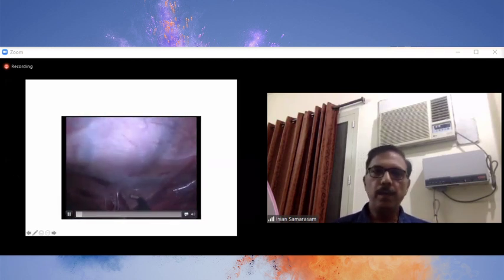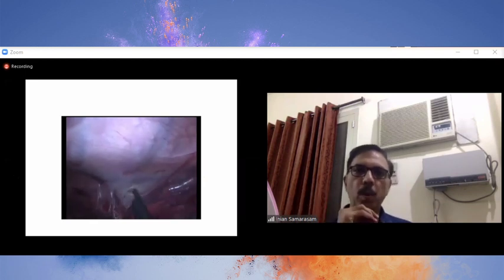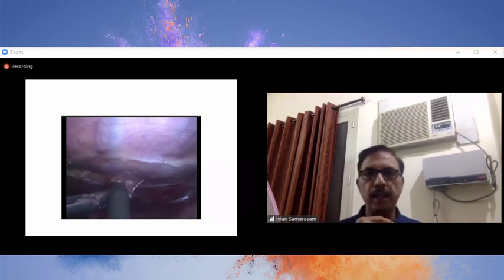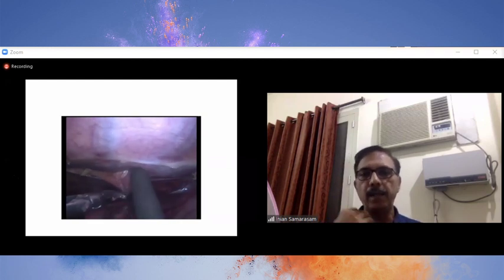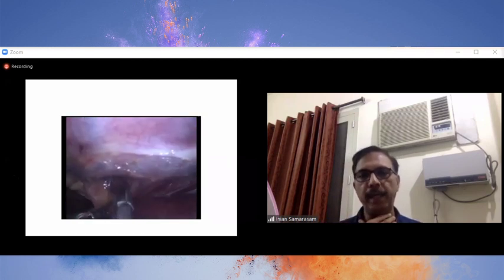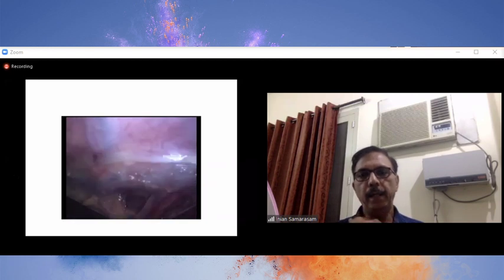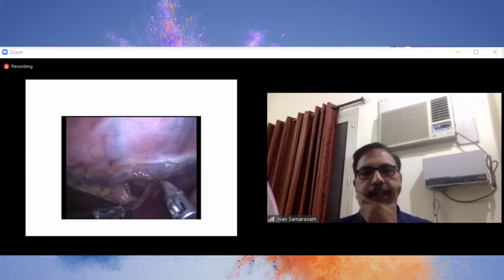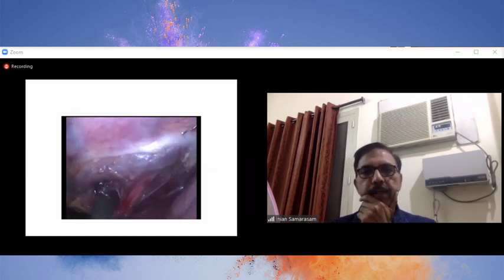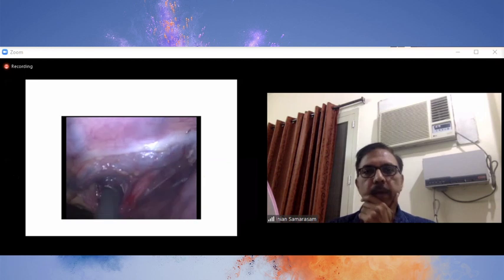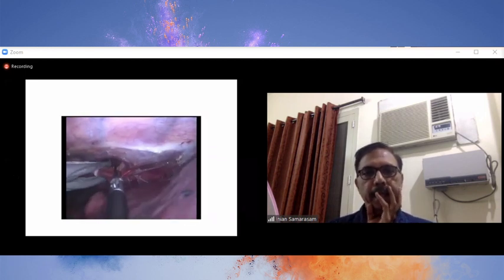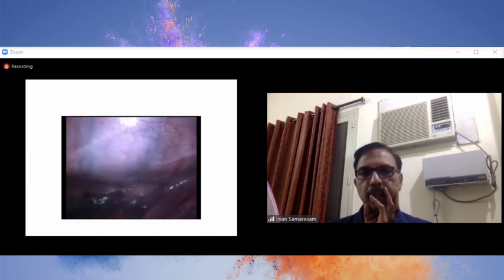So just a few clips. This was a patient who had not had an esophagectomy, had a radical neck dissection and had a thoracic duct leak in the root of the neck. And basically they could not identify the thoracic duct when they re-explored him in the neck. So we then went in thoracoscopically, and at the region of the hiatus, we were able to clip the duct.